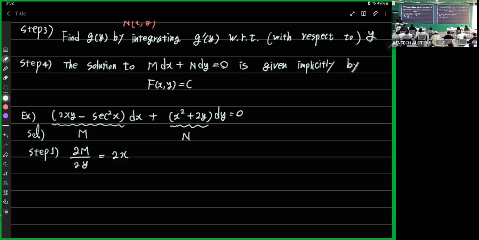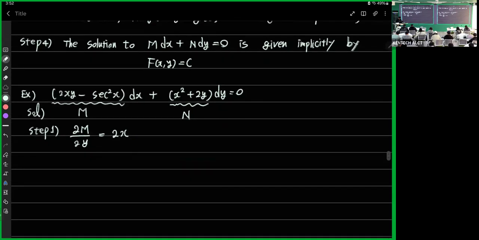And then the derivative of N with respect to x is going to be 2x. So this is exact, right? So the equation is an exact equation. Okay, now step two.